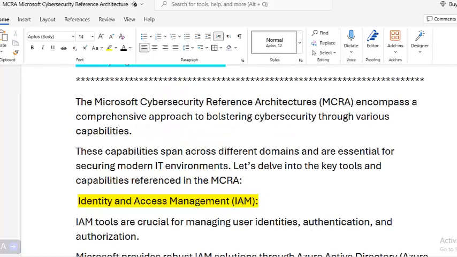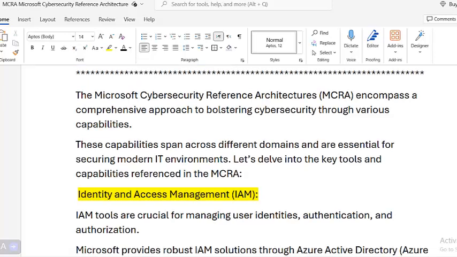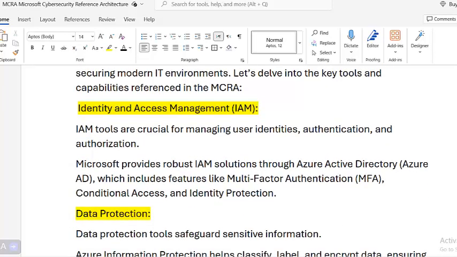The MCRA encompasses a comprehensive approach to bolstering cybersecurity through various capabilities. These capabilities span across different domains and are essential for securing modern IT environments. Let's delve into the key tools and capabilities referenced in the MCRA. IAM, Identity and Access Management.